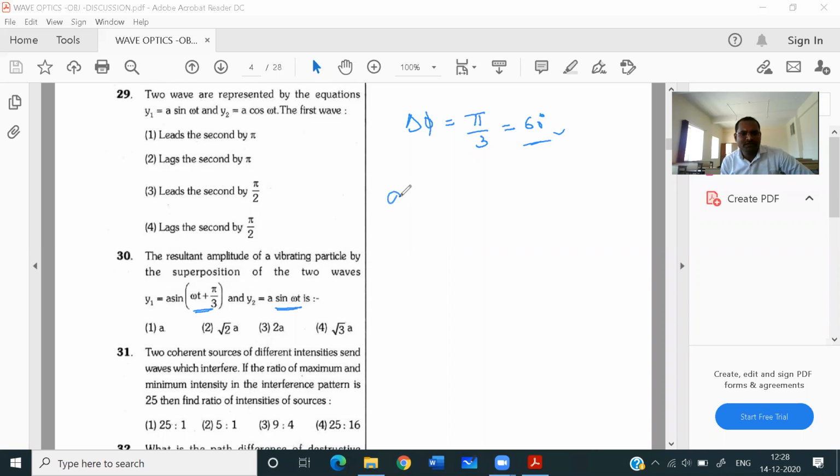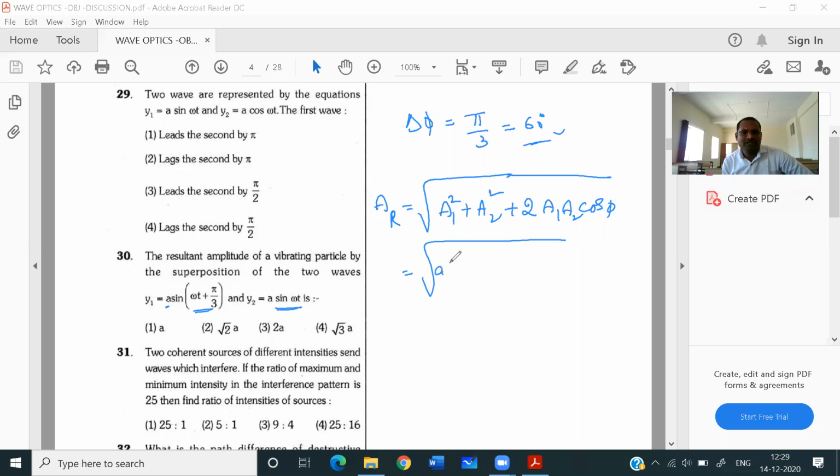The resultant amplitude A can be given as under root of a1 square plus a2 square plus 2 a1 a2 cos phi, according to the vector law. First wave amplitude is a, so a square, plus second wave amplitude also a, so a square plus 2 times a into a cos of 60 degrees.